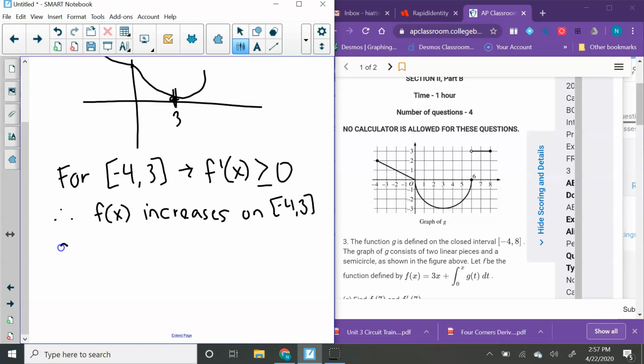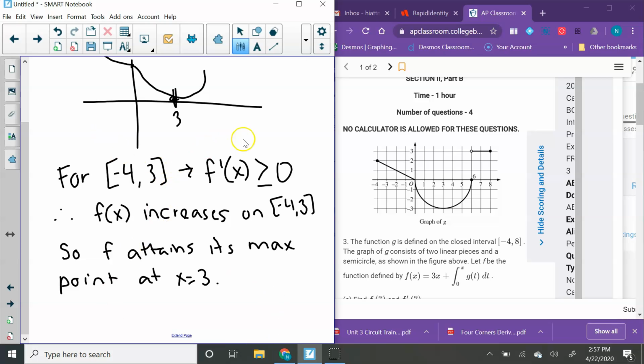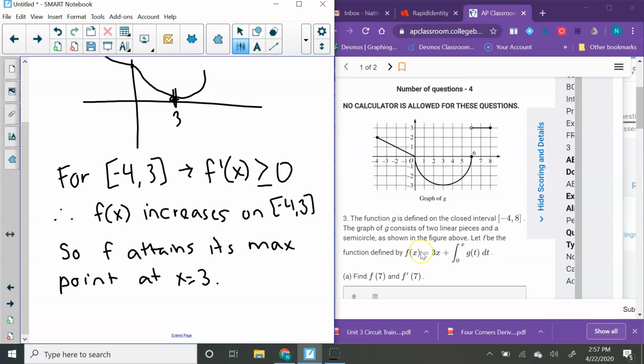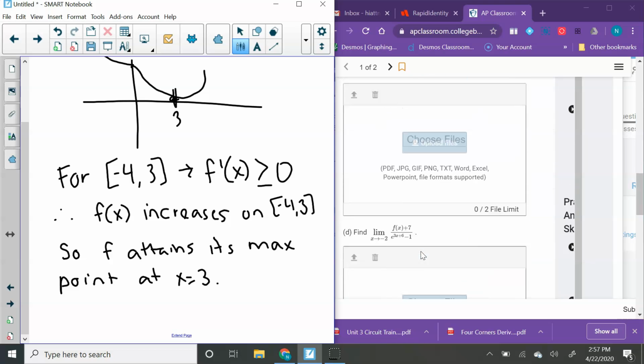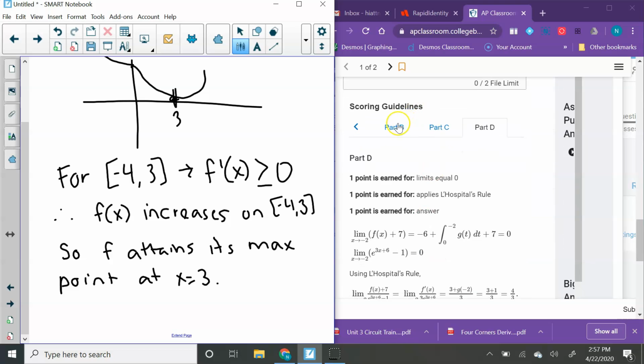So we could say, so f attains its maximum point at x equals 3. So, that would be our reasoning for that question. That would have the maximum point x equals 3.